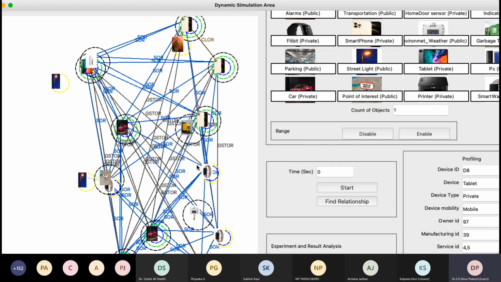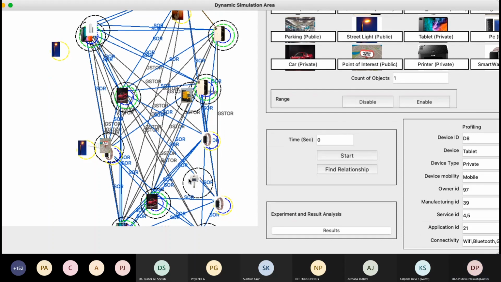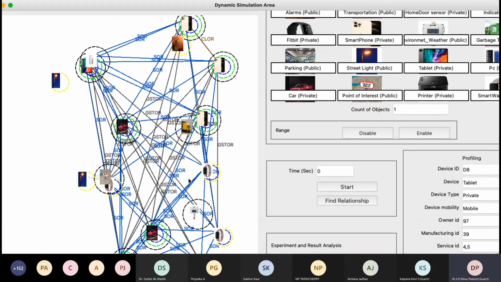Whereas between this device and this smartwatch, you have GSTOR. These are established based on the conditions that we have imposed.